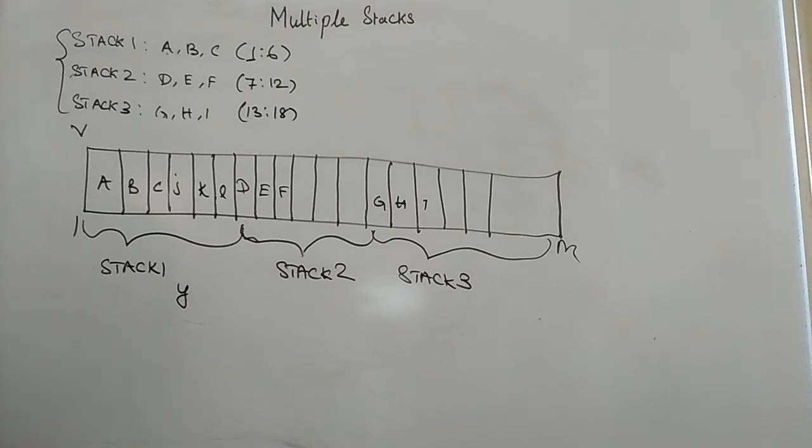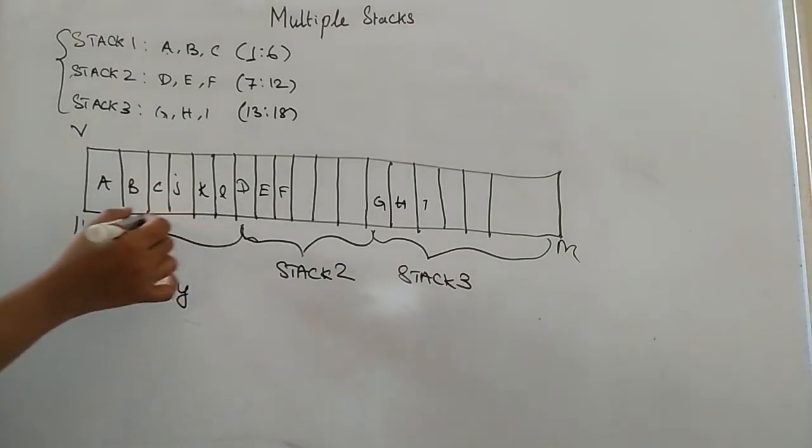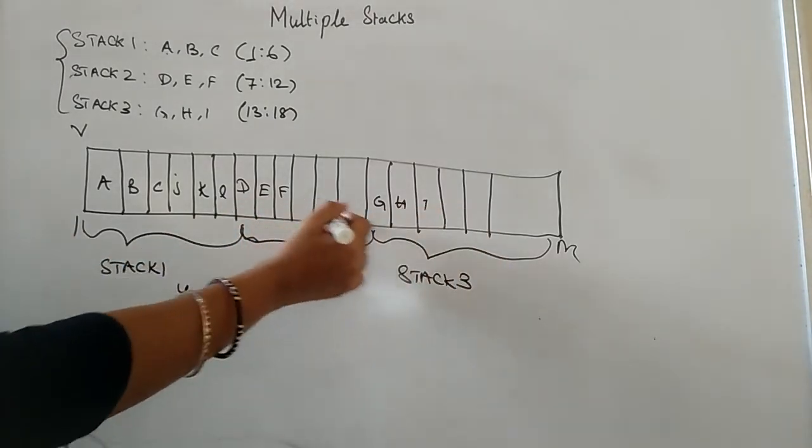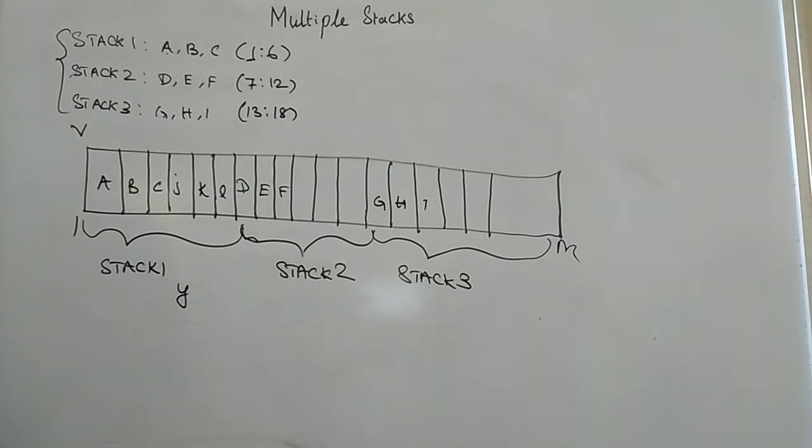Why is it showing me the overflow message? Because the range allocated for stack 1 is from 1 to 6, but still in this array we have free spaces.